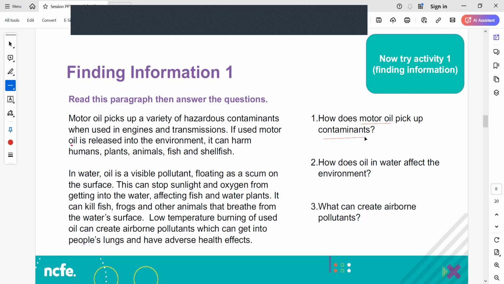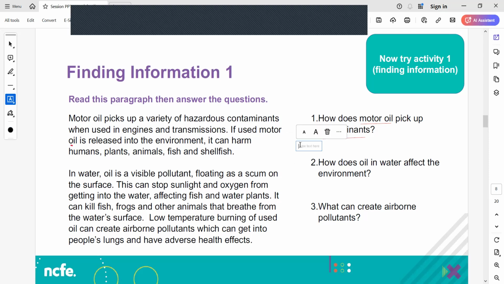So that's what we're going to scan for, to answer our question. How does motor oil pick up contaminants? We can see that we've got motor oil there, the first two words. Motor oil picks up a variety of hazardous contaminants when used in engines and transmissions. So that there is our answer.